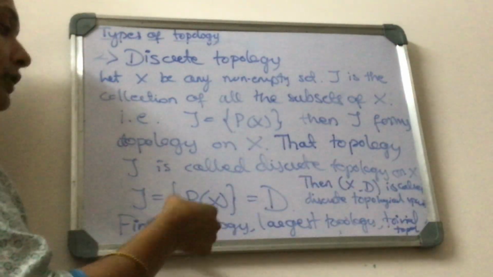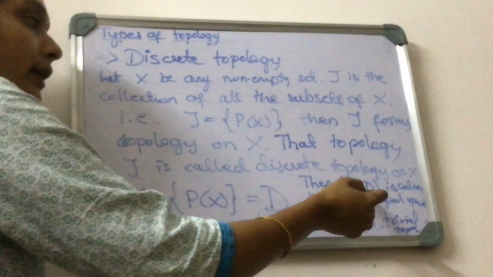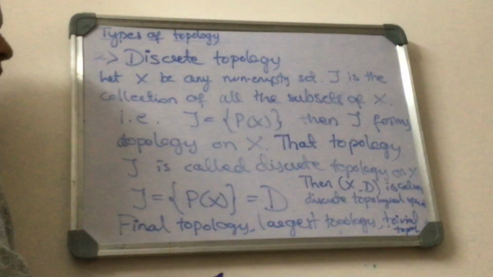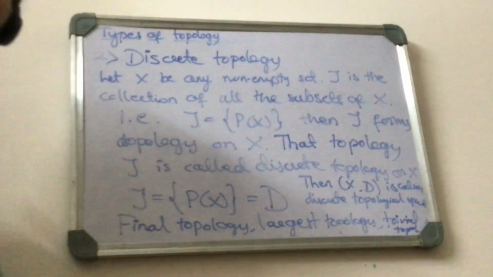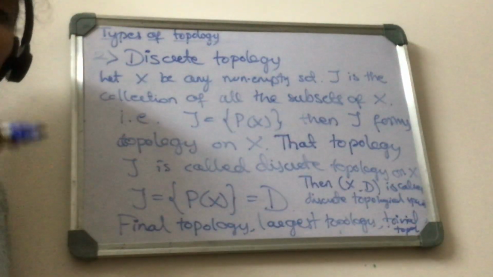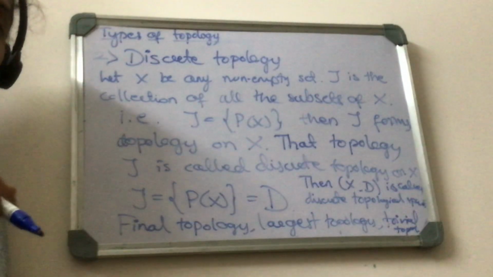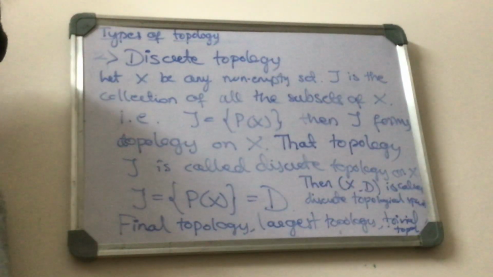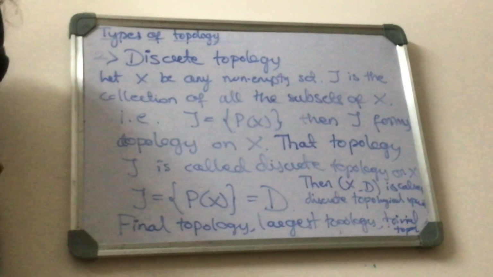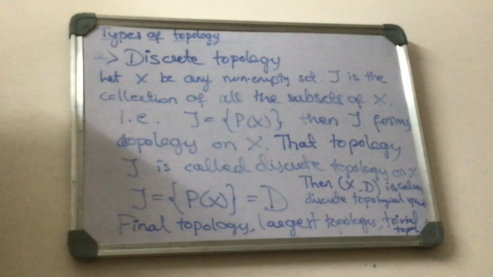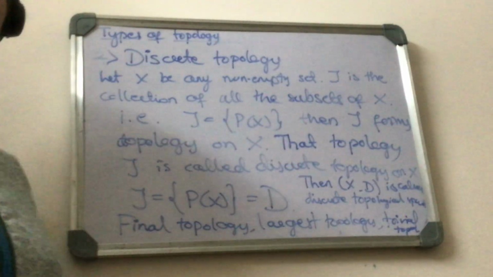When it is called final topology, then that ordered pair (X, D) is called the final topological space, largest topological space, trivial topological space. So now you will come to know what the trivial topologies for any set are. Discrete and indiscrete topologies are the trivial topologies, and discrete and indiscrete topological spaces are trivial topological spaces for any set X.